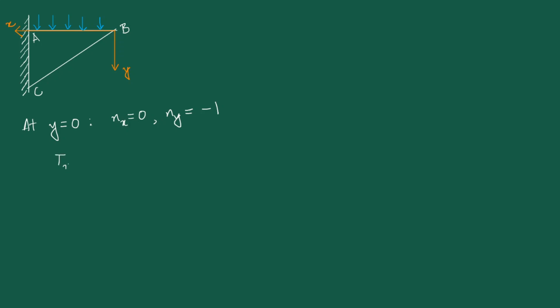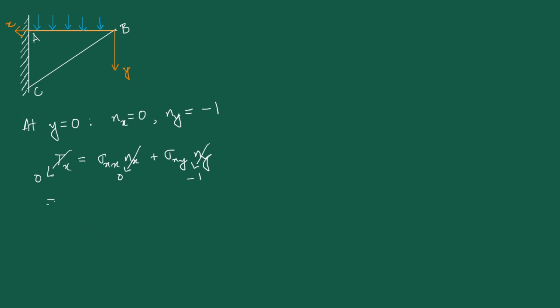So we have, just like before, Tx equal to sigma xx nx plus sigma xy ny. Now note that this Tx, the x component of the traction on this top surface AB, is 0. The nx is 0, the ny is -1.